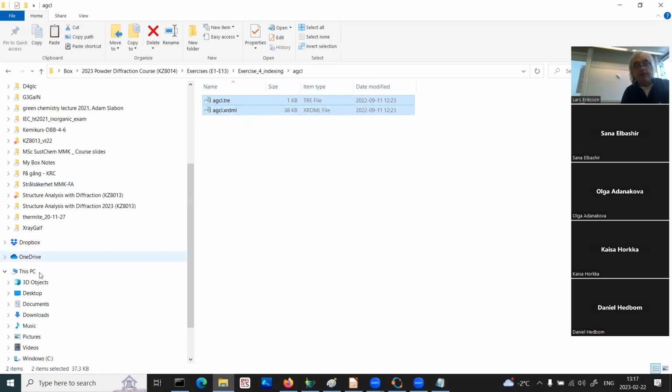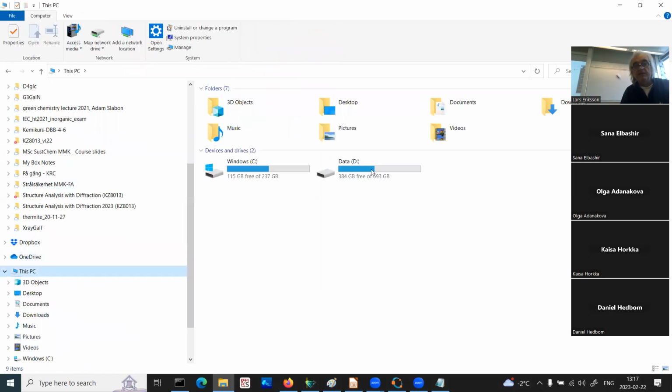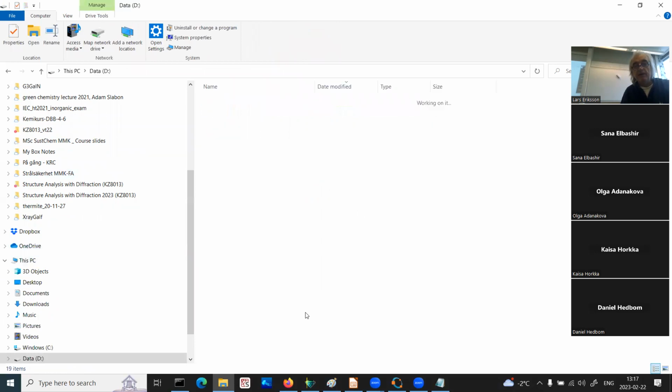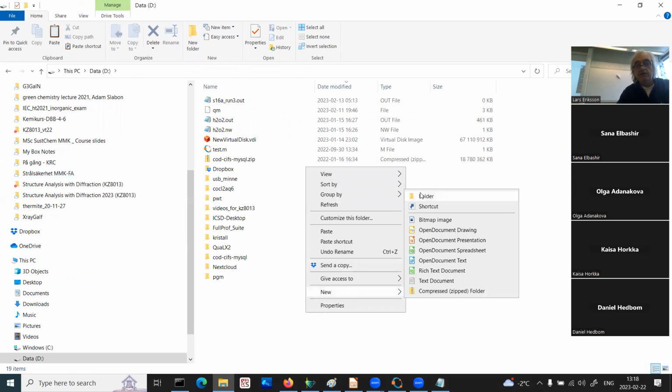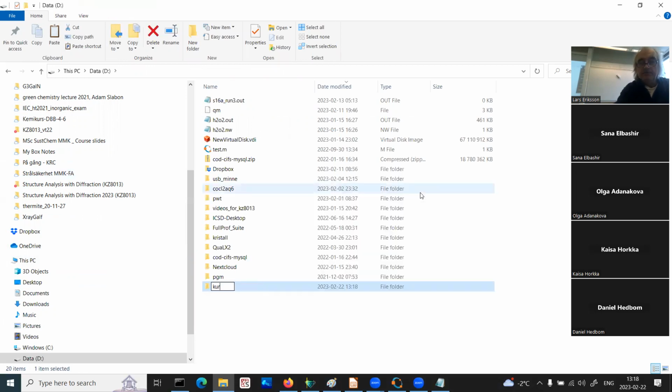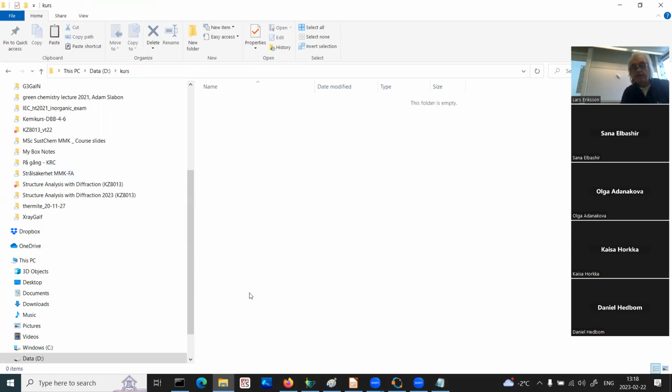To somewhere on this PC, on D maybe. Here we make a directory. Kurs, we can call it. And then I have the data just in the local directory. Maybe it works with connecting to Box directory, but I'm not sure.